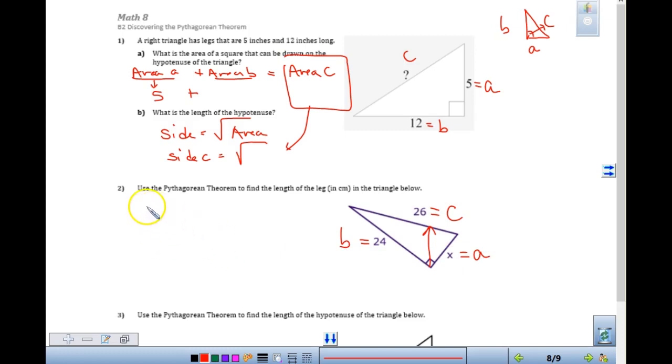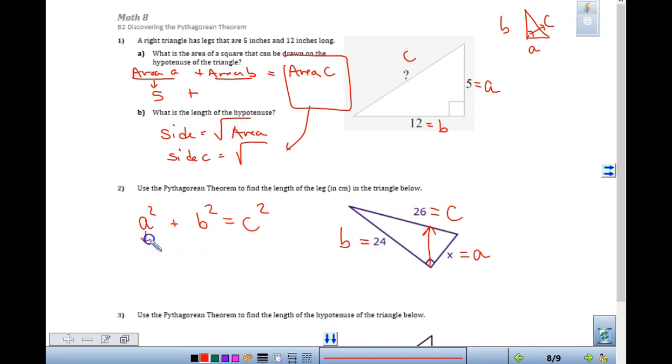So this time we are going to start, instead of writing out area A, area B, area C, you are going to start it this way. You are going to start this with putting A squared plus B squared equals C squared.